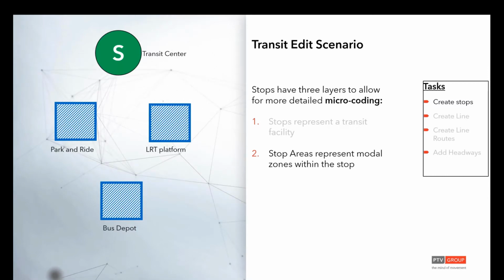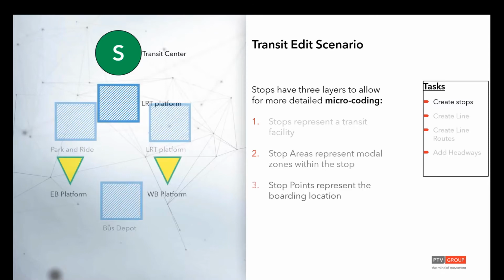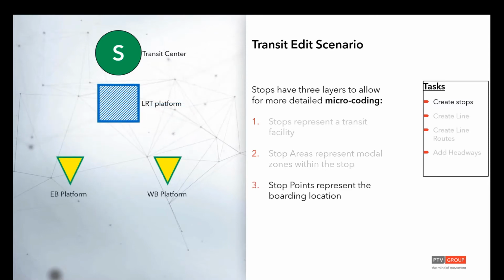All of those modes within the transit center need stop locations, so we have the park and ride portion, the LRT platform portion, and the bus stop. The stop areas allow us to have points in the network in which people can shift from one mode to another.